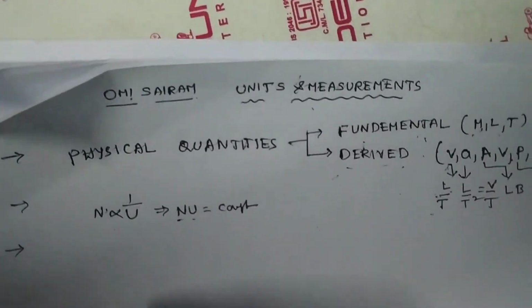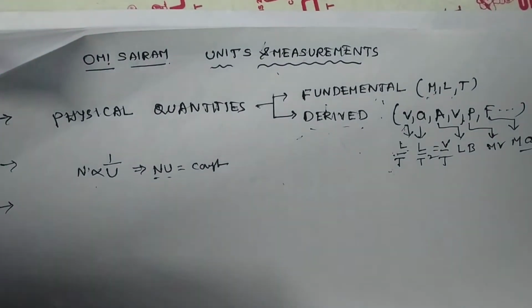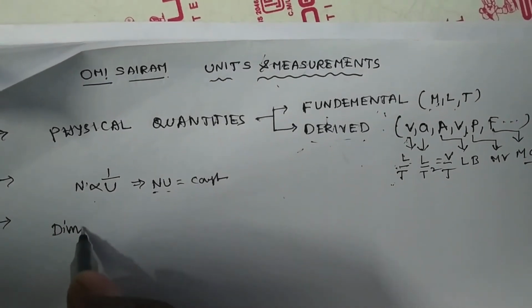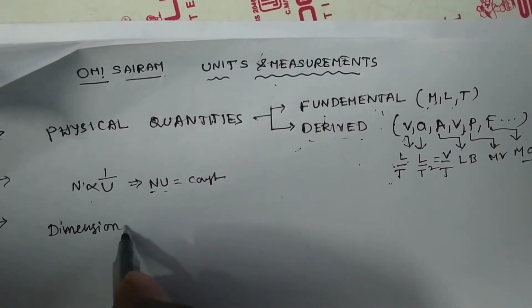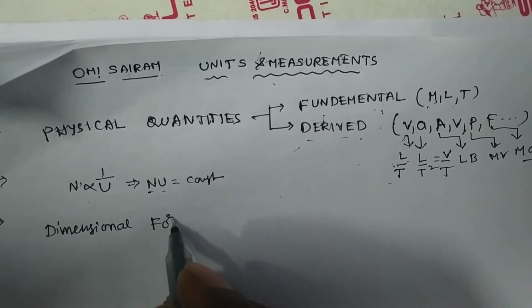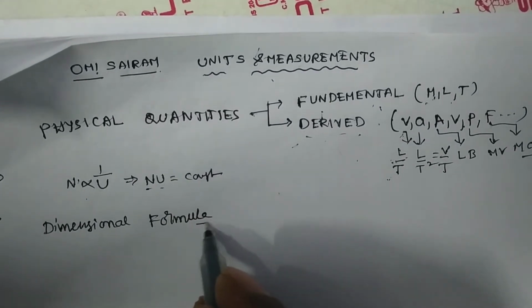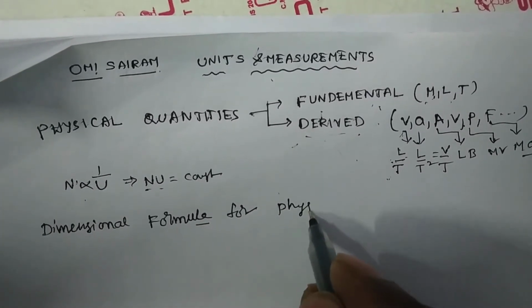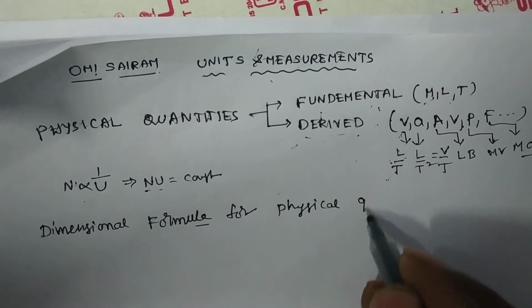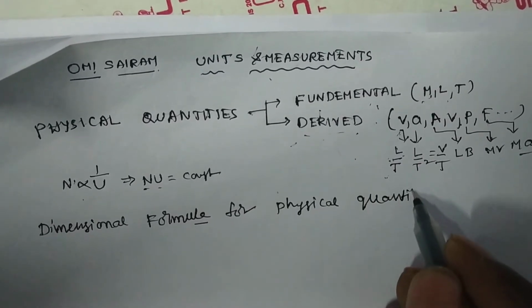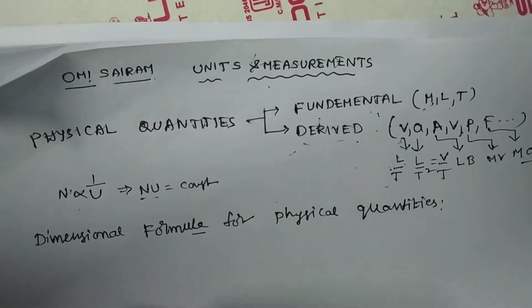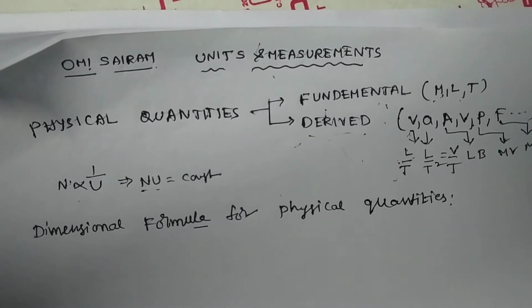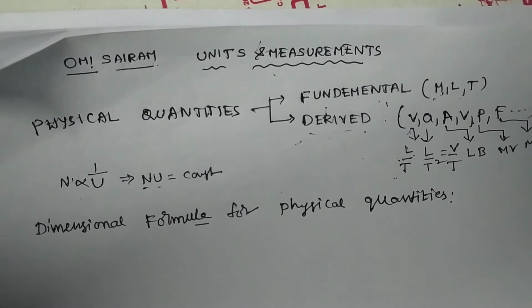Now, how to write the dimensional formula for physical quantities?